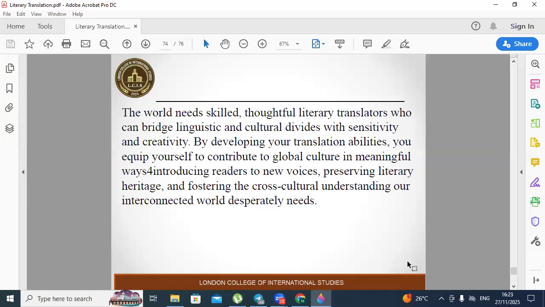Literature and translation contribute to mutual understanding, not by erasing difference, but by helping us encounter difference empathetically, seeing through others' eyes, and recognizing our common humanity despite cultural specificity.